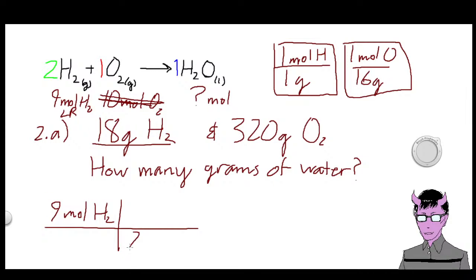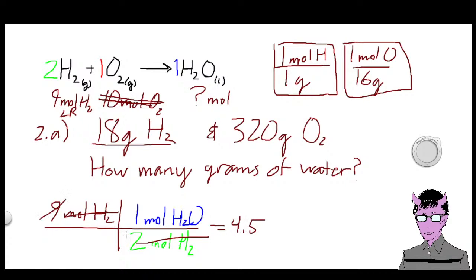So for every 2 moles of hydrogen we're actually using, we're going to generate 1 mole of H2O. How many moles of water molecules will we generate? It'll be 4.5, because 9 divided by 2.